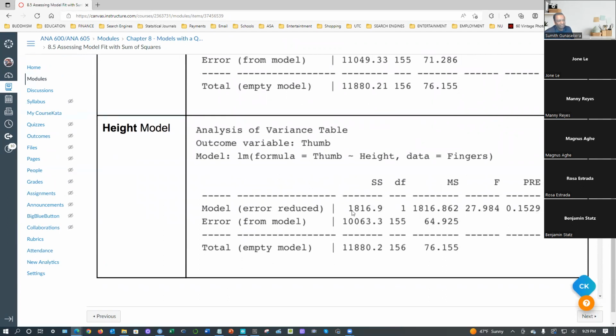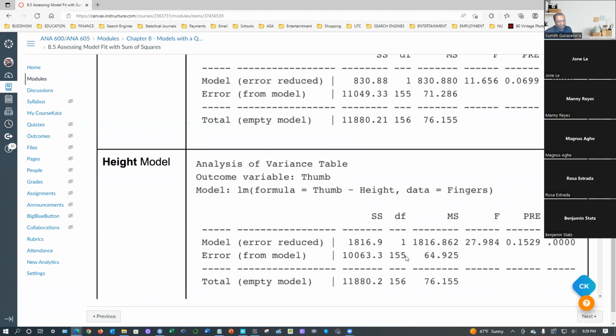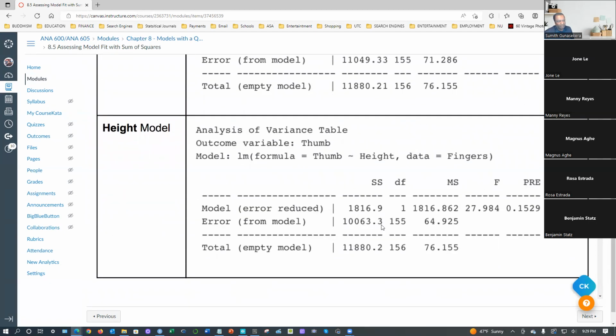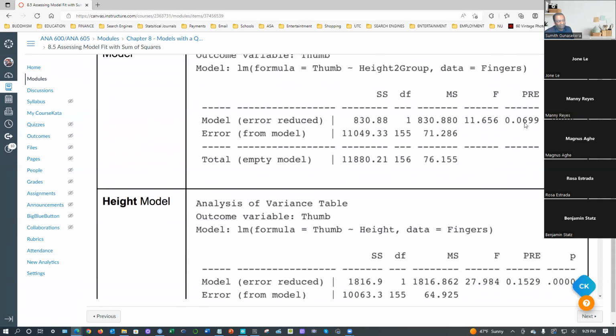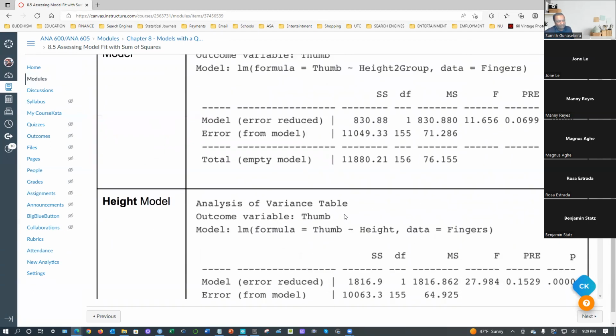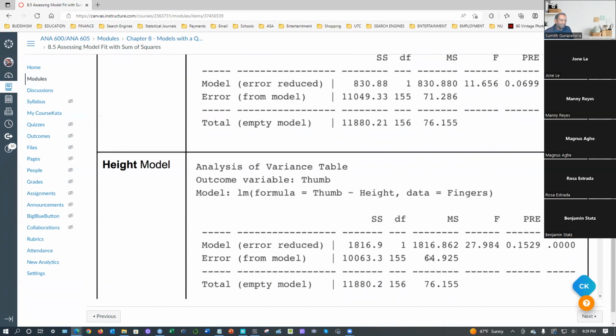They are sums of squares. Okay, they're the same. But the way that it's been explained, look at the PRE value, 15%. This is 6%. The height model is getting far better. 18, 16. This one 830 explained. Leftover 11,000. Here 10,000.